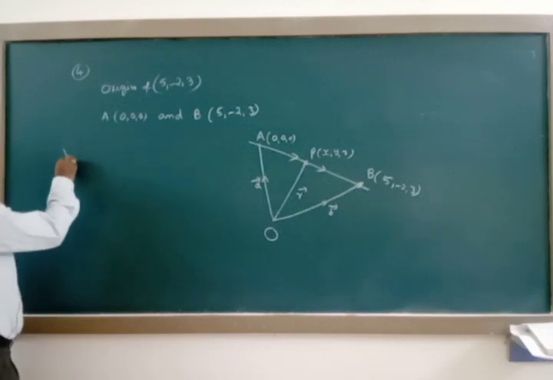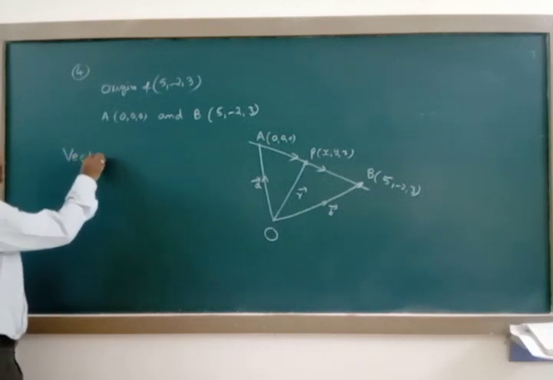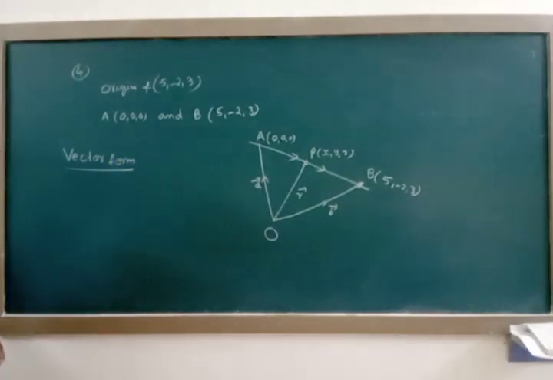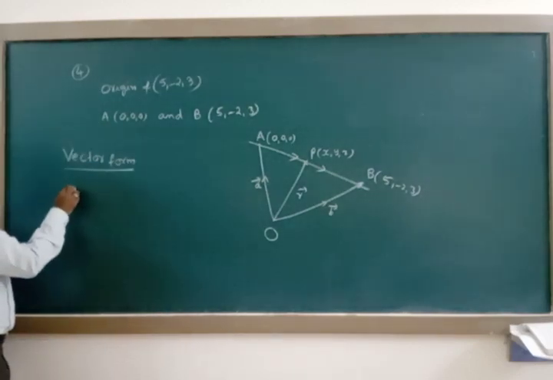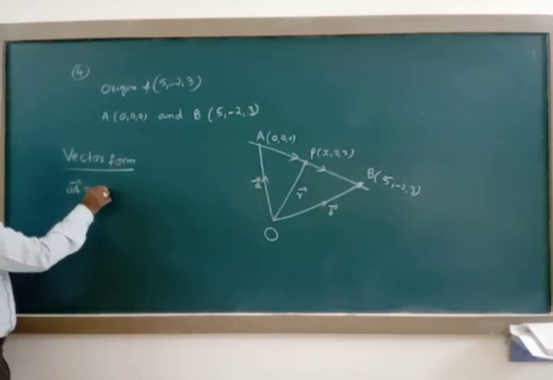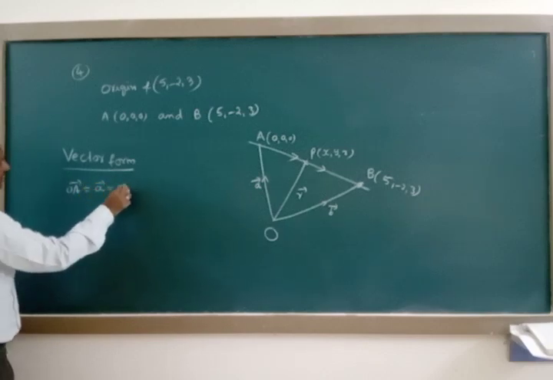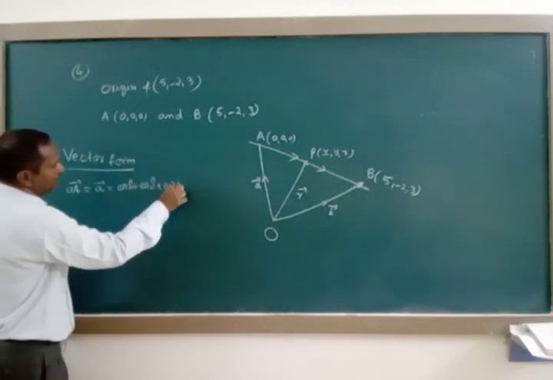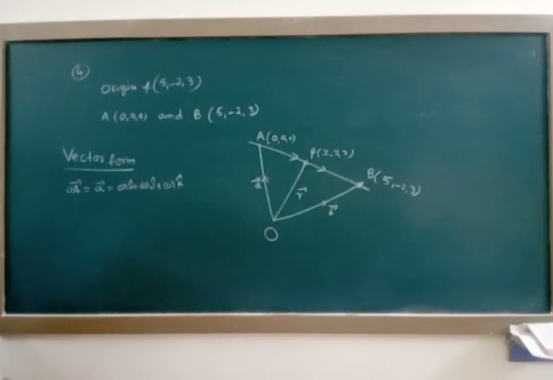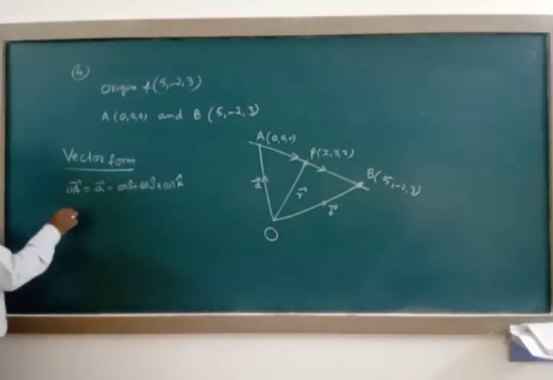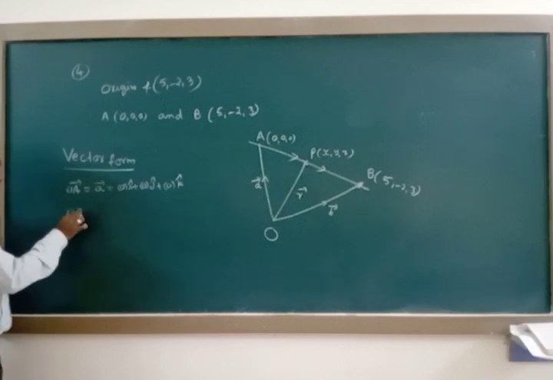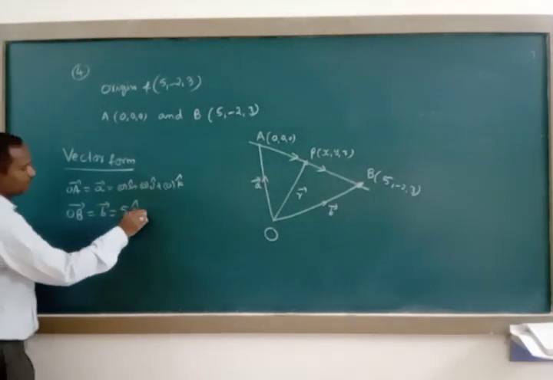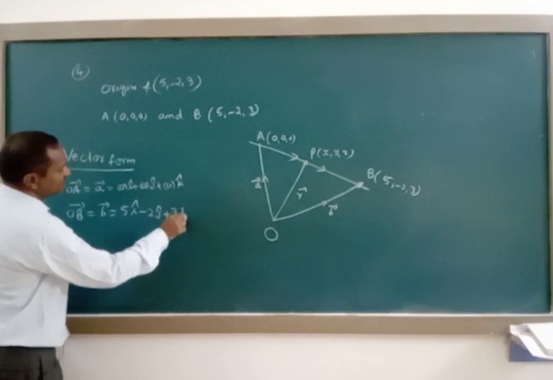First one is the vector form. Given 2 points, we considered OA vector equal to small letter a vector equal to 0i cap plus 0j cap plus 0k cap. Next, the position vector of the second point B can be written as OB vector equal to small letter b vector equal to 5i cap minus 2j cap plus 3k cap.